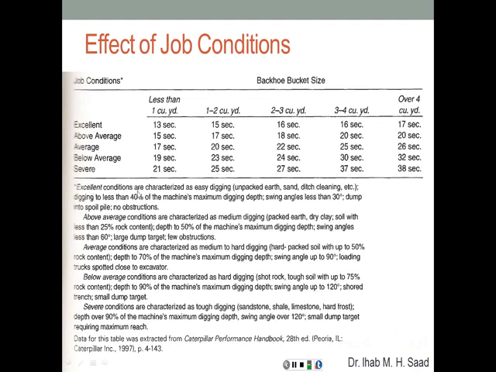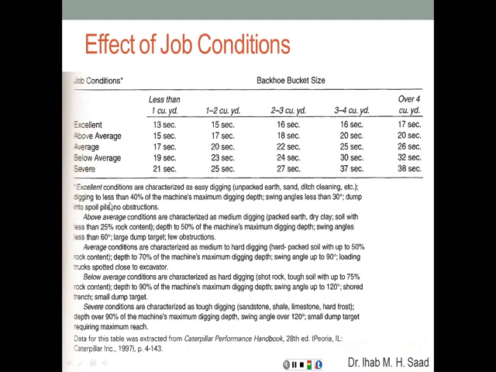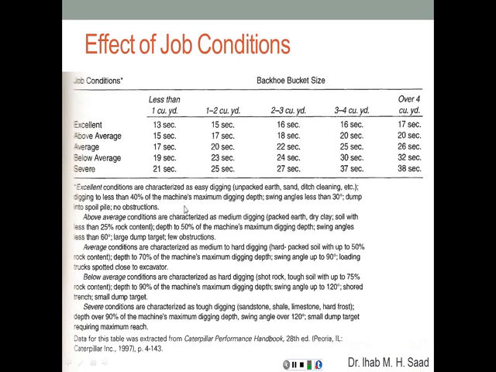So excellent conditions are characterized as easy digging, unpacked earth, including sand, ditch cleaning, etc. Some loose soil. Digging to less than 40% of the machine's maximum digging depth. So again, you're not going to extend the boom to the maximum. Swing angles less than 30%, when you swing the piece of equipment to dump the soil into a truck or somewhere else.